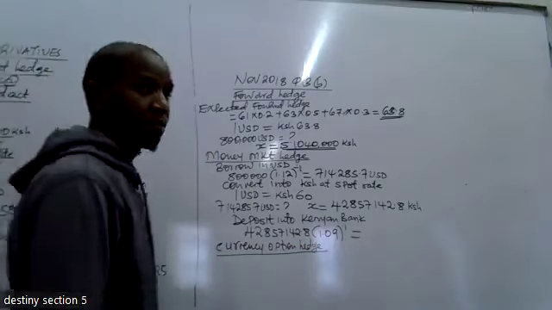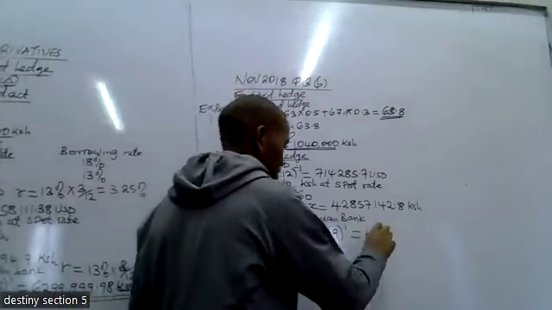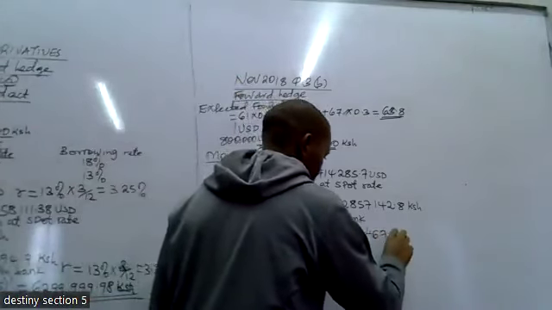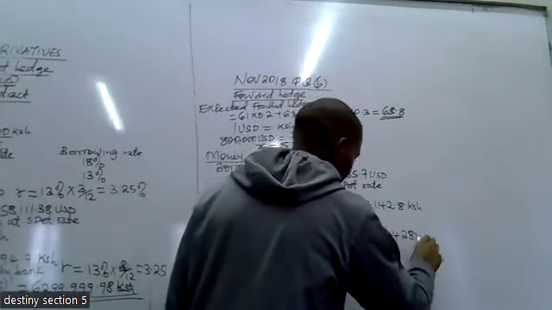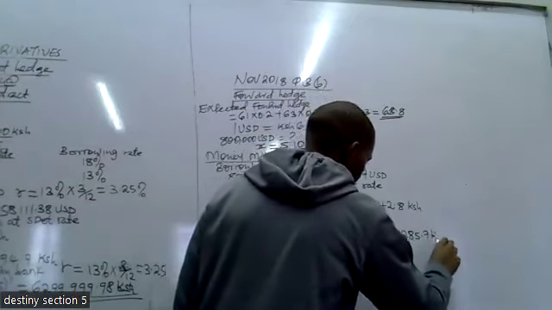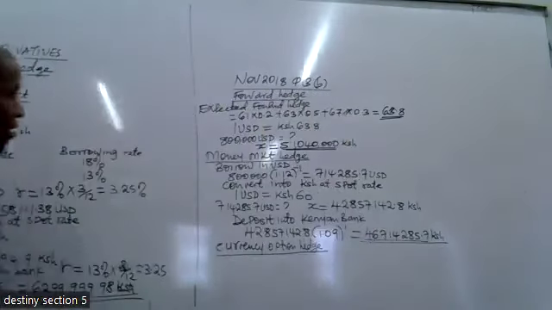It is giving you how much? 714,285.7. So that is now what you'll be able to receive.